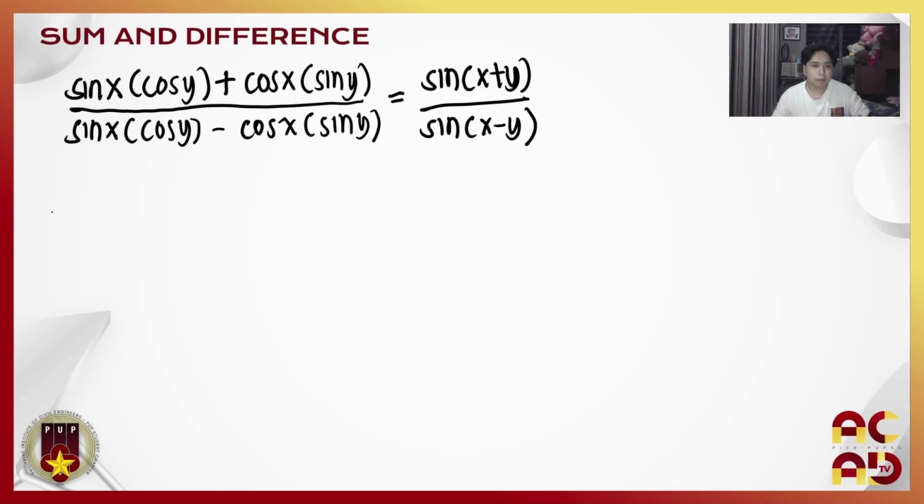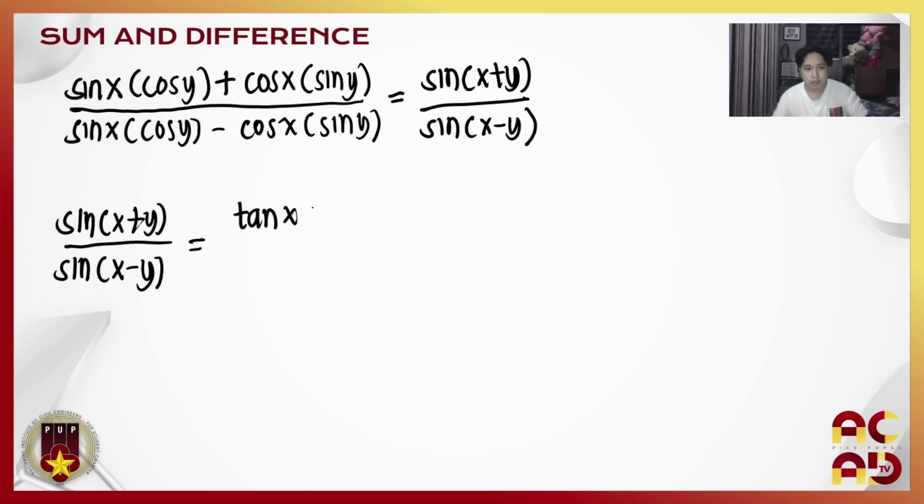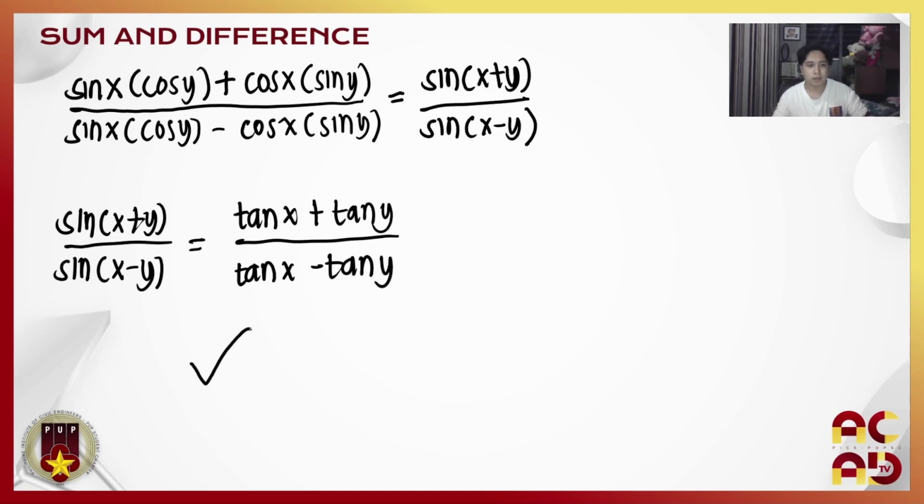So, dito, na-prove natin na sine x plus y over sine x minus y is equal to tangent x plus tangent y over tangent x minus tangent y. Ayan. So that's the final answer for sample problem number 5.